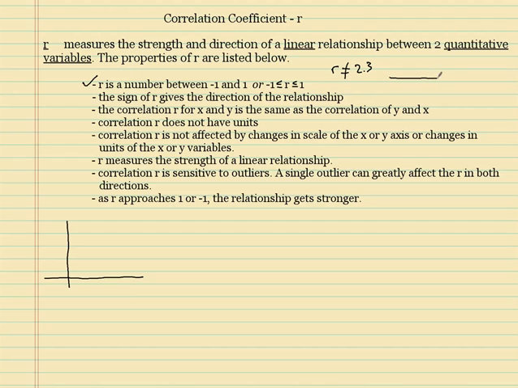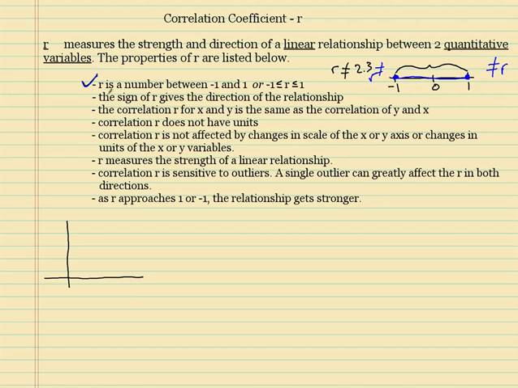Or another way to look at it is if you just think about a number line, -1 to 1, R falls anywhere between these, and stops right here. R cannot be over here. There's no R over here, and there's no R over here. So just make sure you're aware of that.